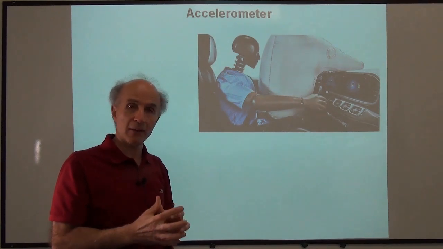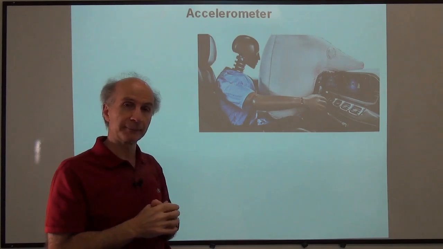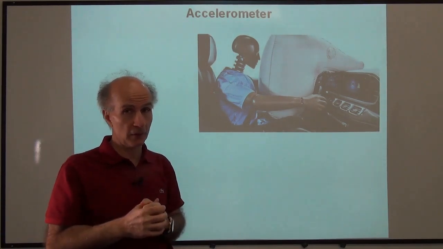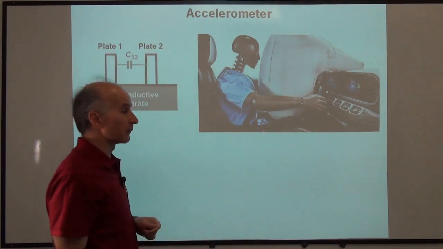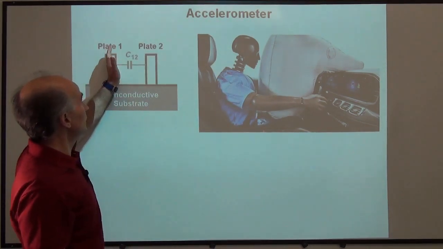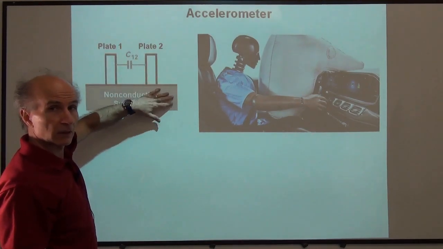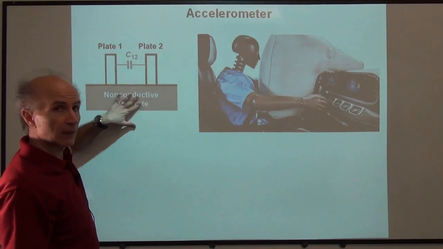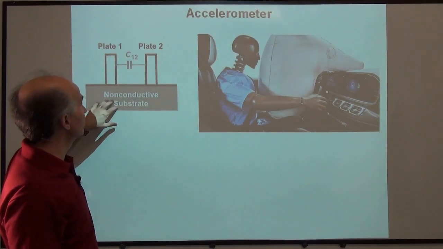So how do we build an accelerometer exactly? How do we measure acceleration? Well, we can use a capacitor for that purpose. It's actually very simple and very nice. Imagine that we have two conductive plates, like pillars, erected here on some sort of insulating substrate, insulating surface.